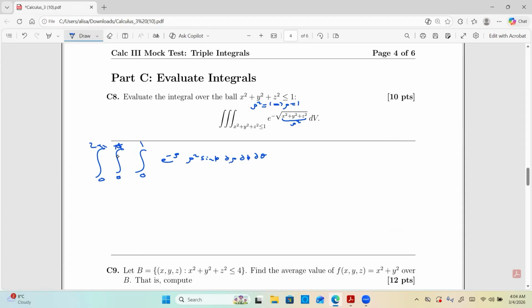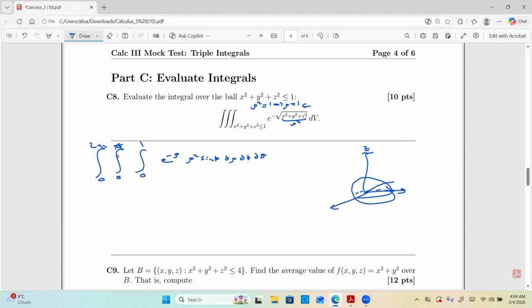If you can't see it, of course, you can draw the region, and this is going to quickly show you that if you have a sphere like this, and you start at the origin and look at a ray, that ray is starting at a distance 0, meaning rho equals 0, and exiting at the sphere, which is given by this equation, which means rho equals 1.